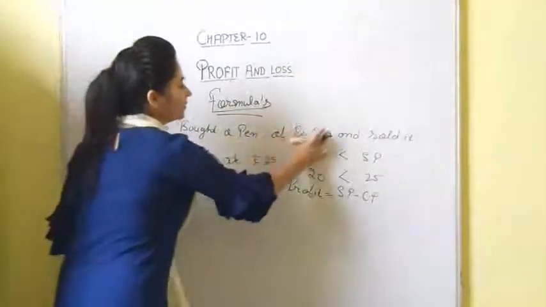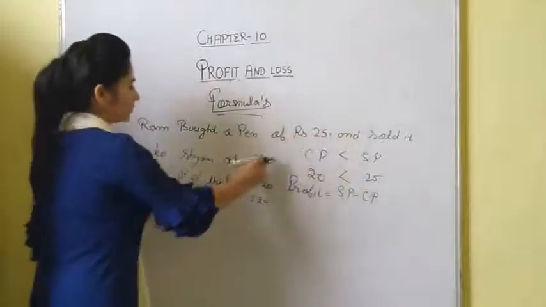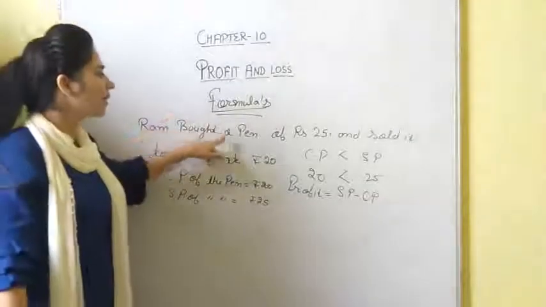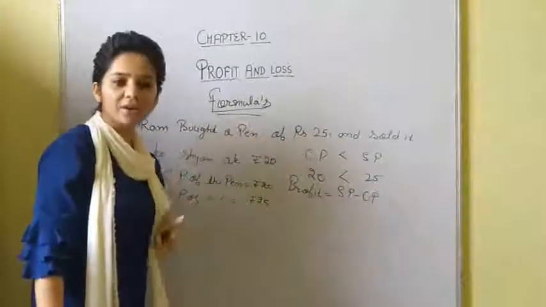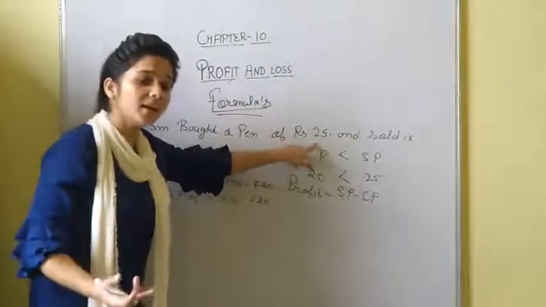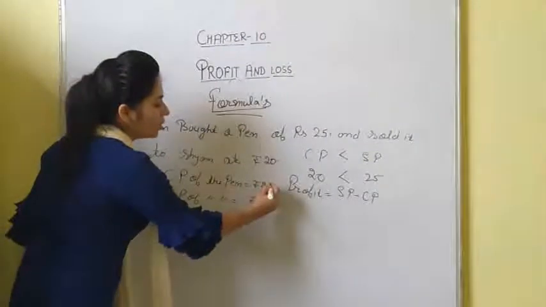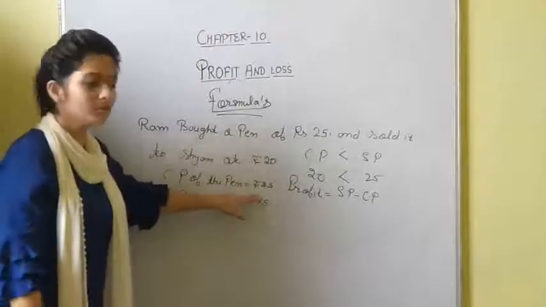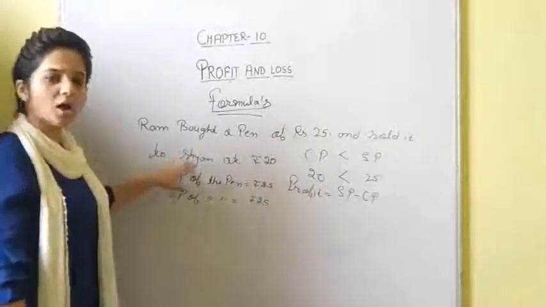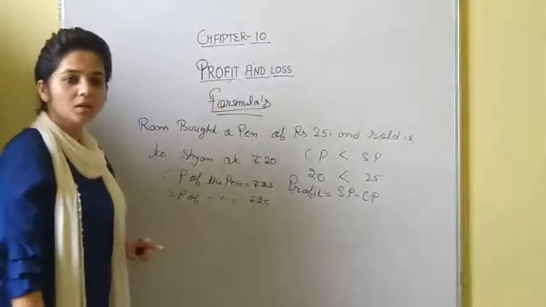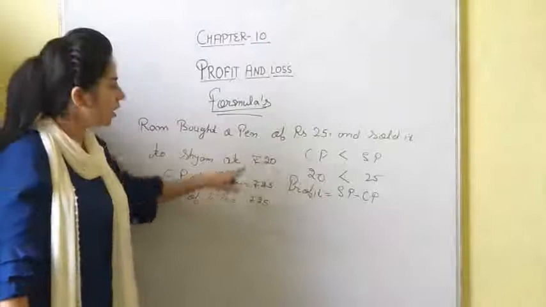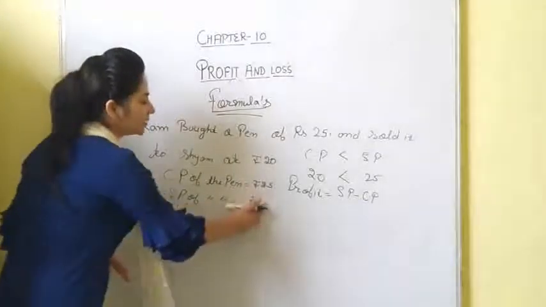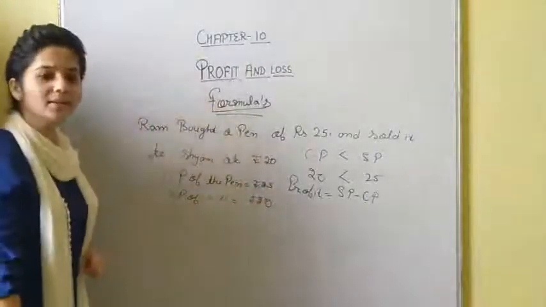In another way, if Ram bought a pen of rupees 25, अब राम ने पेन कितने का खरीदा है? 25 का। So cost price of the pen is rupees 25 and sold it to Shyam at rupees 20. और उसने वो पेन शाम को बेच दिया rupees 20 में। So selling price of the pen is rupees 20.